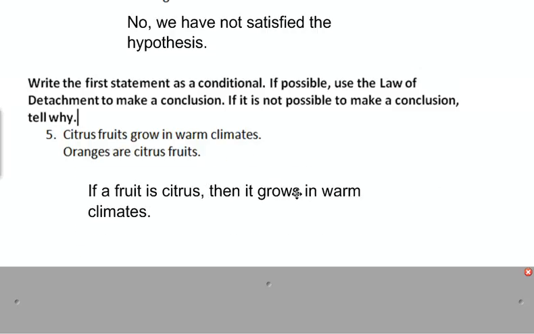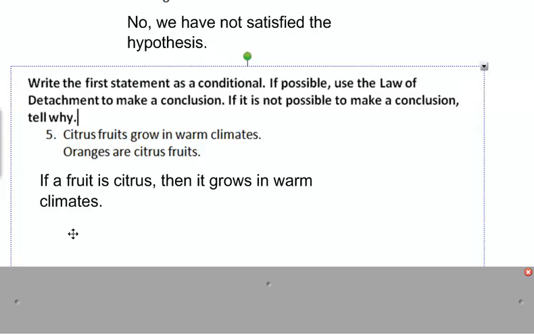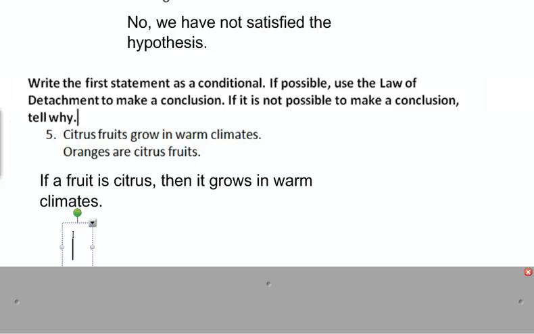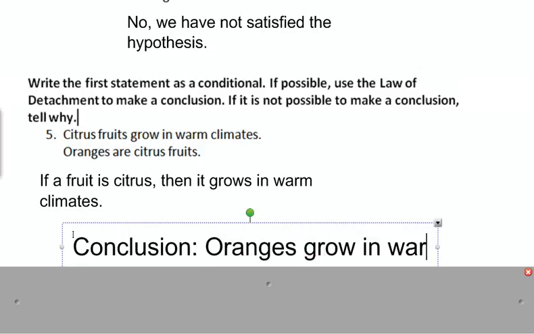So can we use the law? Let me say that oranges are citrus fruits. So if a fruit is citrus, then we can conclude something here. Because we satisfied the if part, the hypothesis part, the conclusion is also true that oranges grow in warm climates.